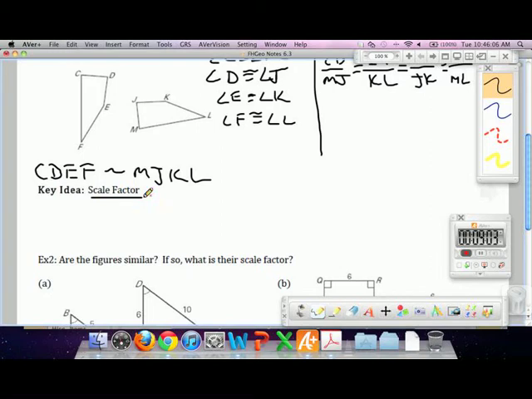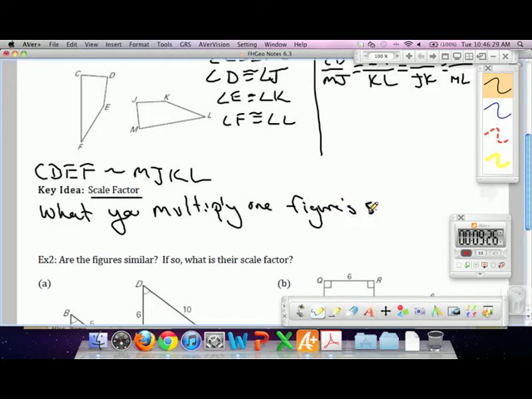The scale factor simply is the number that connects the two figures, or more or less it's what you have to multiply one figure's lengths by to get to the other's.